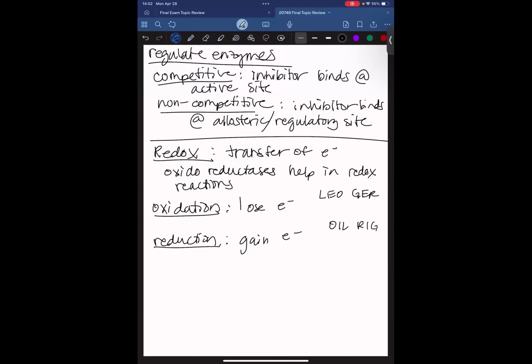We went over these previously, but LEO says GER: lose electrons oxidized, gain electrons reduced, or OIL RIG: oxidation is loss, reduction is gain. So either one that helps you remember it. And this is literally one of those things that I used to have to write down when I was doing redox problems for chemistry. So that's what's happening in redox reactions.